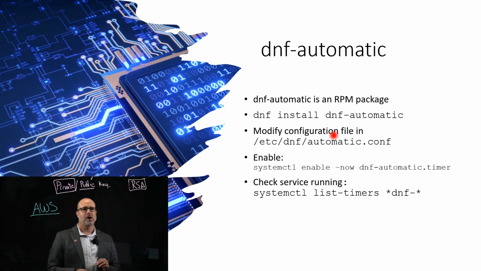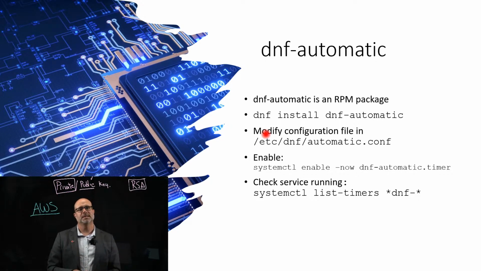Once it's installed, you modify the configuration in this file right here. This file is created automatically for you, /etc/dnf/automatic.conf. And by the way, that /etc directory, or some people call it etc, is where all the configuration files for the server are.